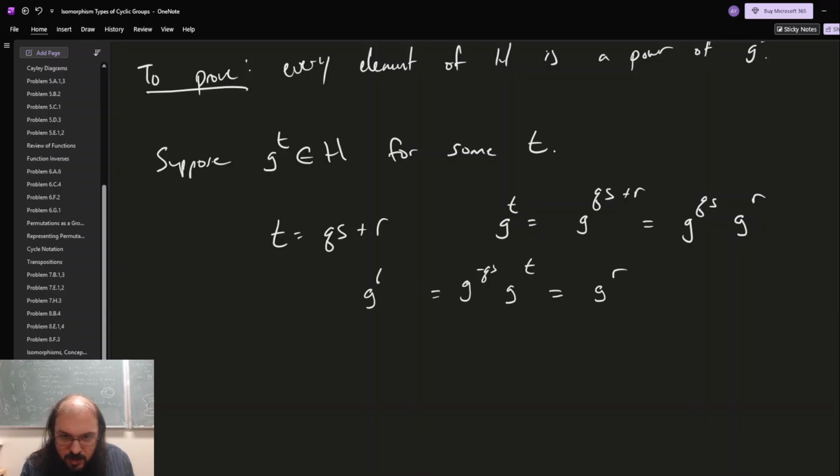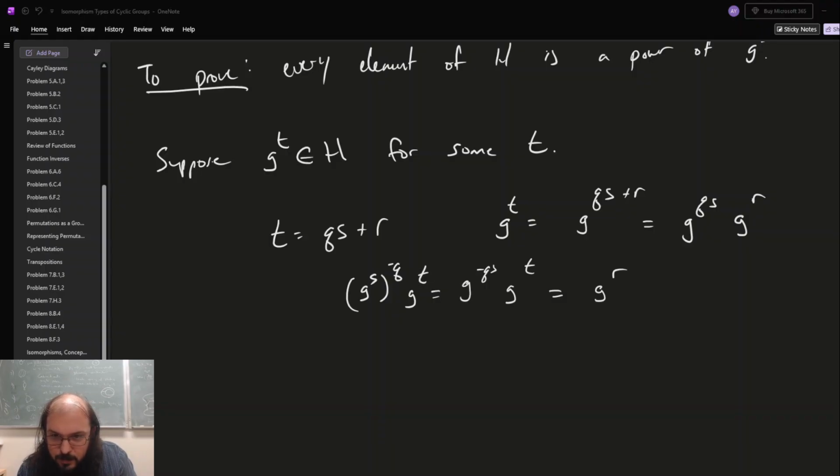For example, I could write this as g to the t minus qs. And I'm trying to think, is that the best way to see kind of what's going on here? Maybe I could do a little better by writing this as g to the minus s, or maybe even just the plus s, to the minus q power, times g to the t.